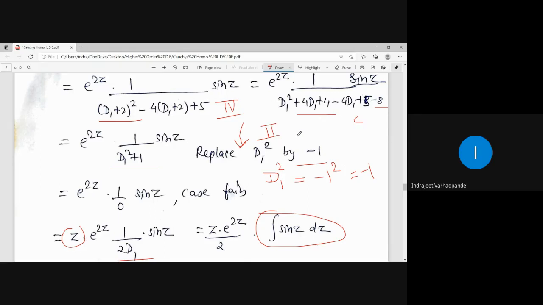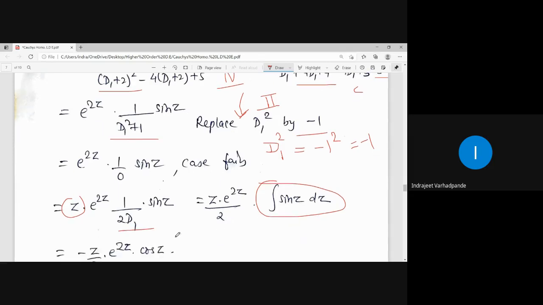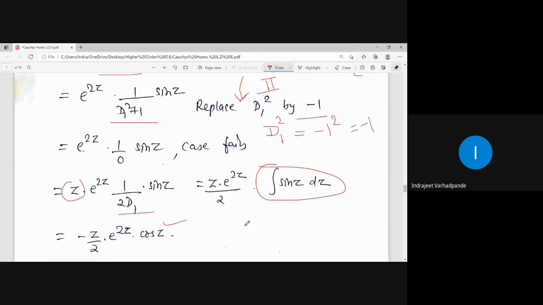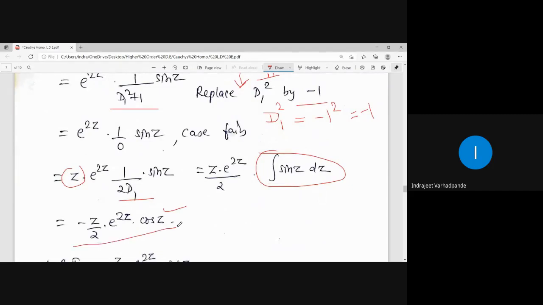z e to the power 2z upon 2 whole multiplied by minus cos z. This is your complete PI. The solution will be given by y is equal to CF plus PI, minus z by 2 into e to the power 2z into cos z.